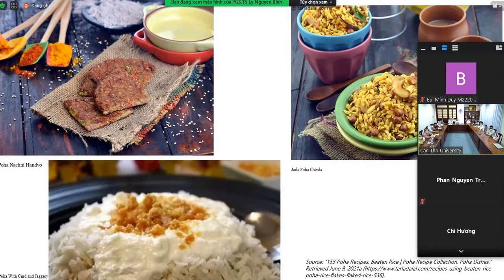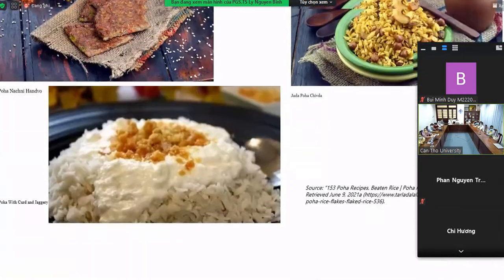We also have religious beliefs about it. We give it to the god, and it has traditional and religious beliefs. Thank you.